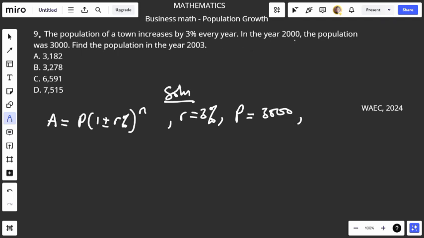Then from year 2000 to year 2003, that's our time. So our time N equals 3.